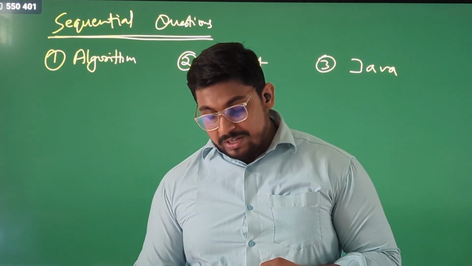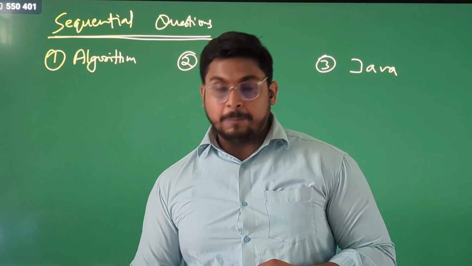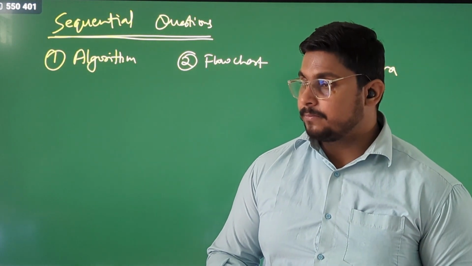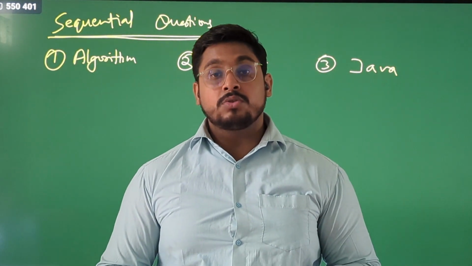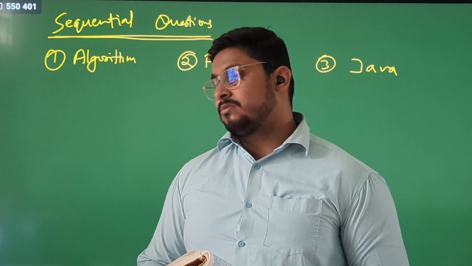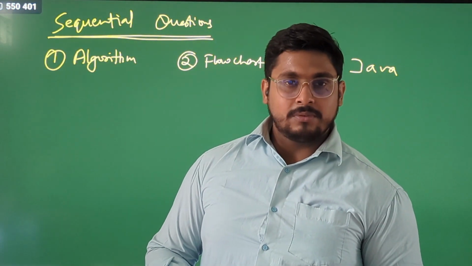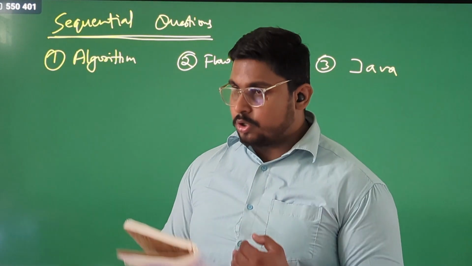The third question is: evaluate 16% of 150, 25% of 84, and 8% of 550. When you were given these types of questions, you asked yourself, why am I studying this? Have you asked these questions to yourself? Yes or no?